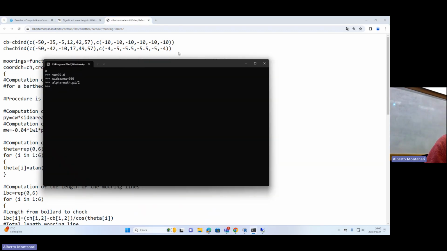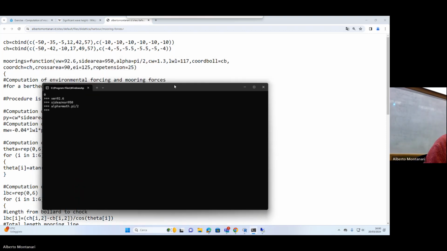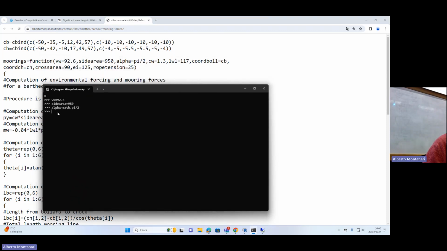And here, I mean, I can do this. Okay, CW 1.3. And LWL is equal to 117. Fore bollard is equal to CB.